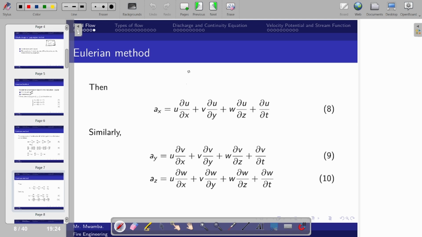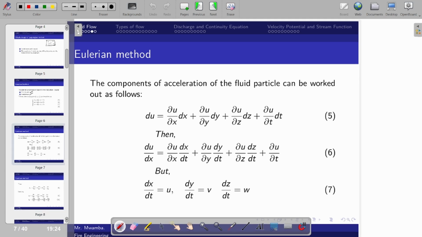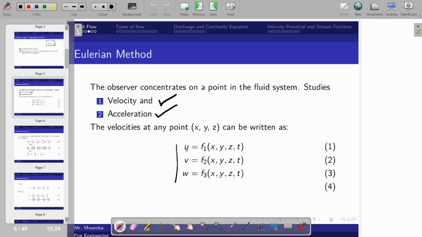In fact, all the velocity components are given like this. Okay, so if I were to ask you to find the resultant velocity, just square these and then sum them up, find the square root.